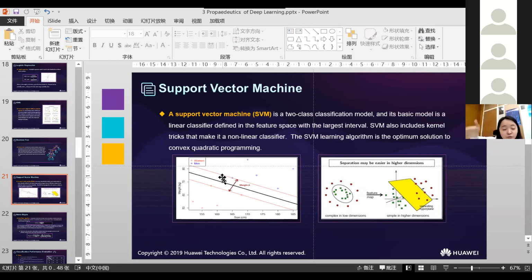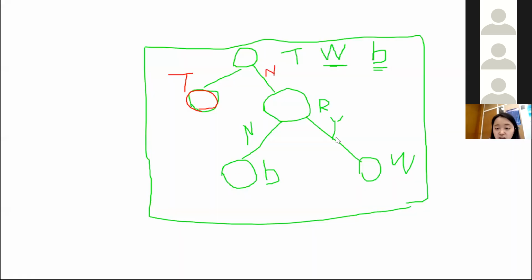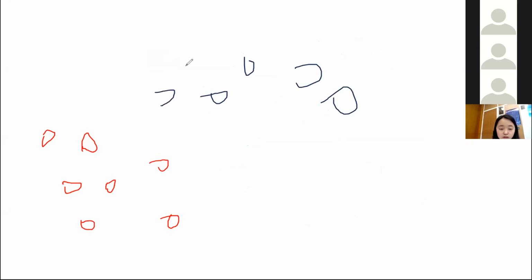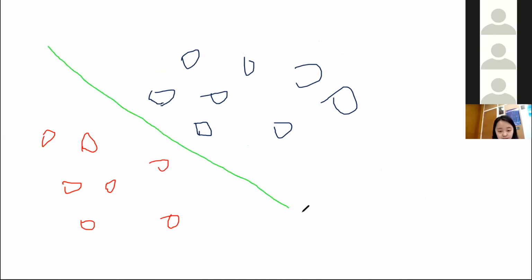There are a lot of possible boundaries. We have 2 classes, the first class and the second class, and our goal is to draw a boundary between these classes, like a boundary y equals wx plus b.